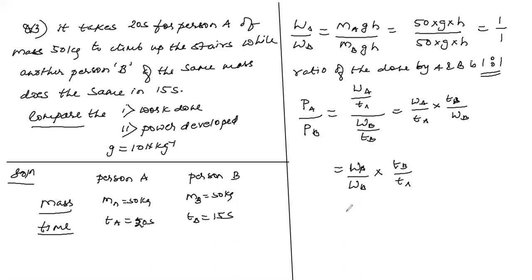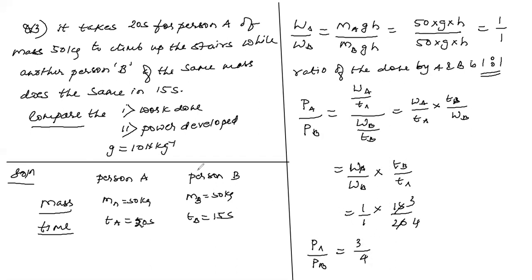Now, what is WA upon WB? 1 upon 1. What is TB, children? 15. What is TA? 20. 5 3s are 15, 5 4s are 20. So what is the ratio? PA upon PB is 3 upon 4.